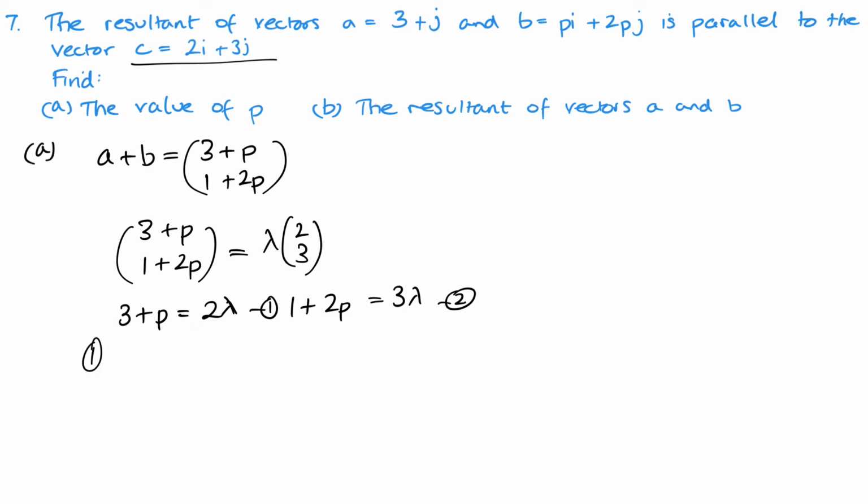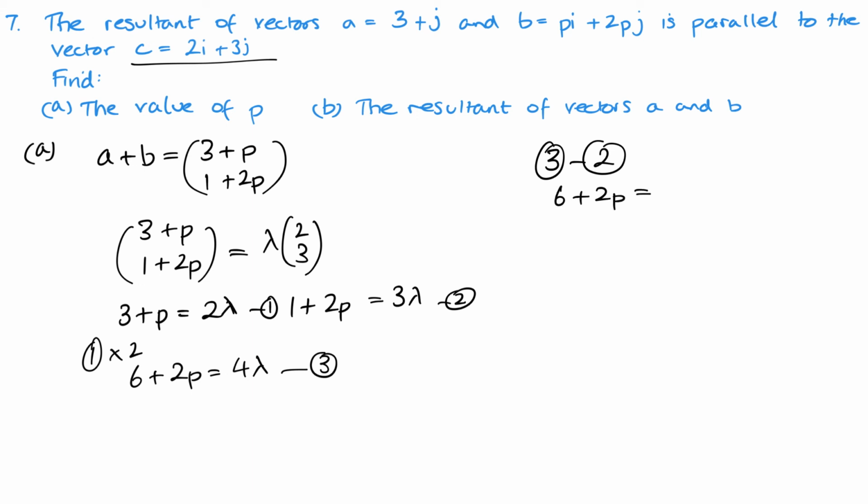So if I take equation 1 and times it by 2, I get 6 plus 2p equals 4 lambda. I'm going to call this equation 3. And then I'm going to do equation 3 subtract equation 2. So that is, I'll write these out again so you can see them. So that's equation 3, and equation 2 looks like this.